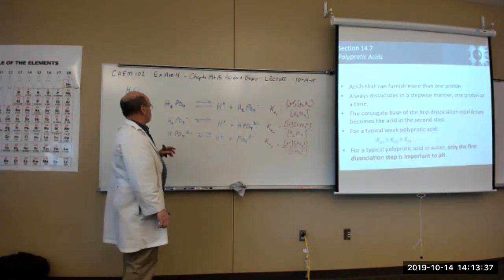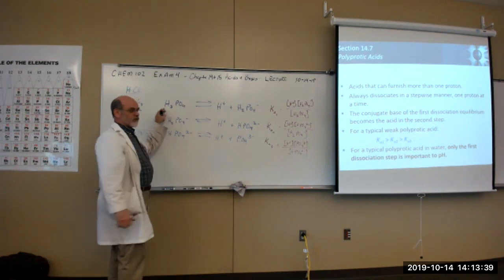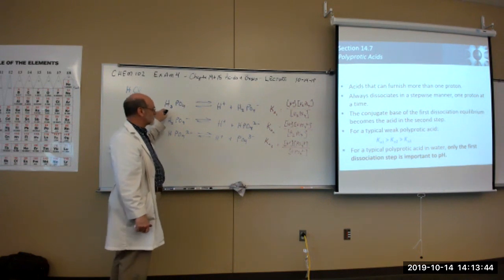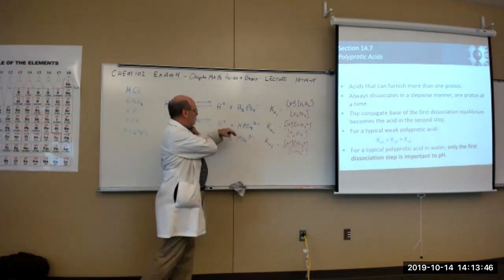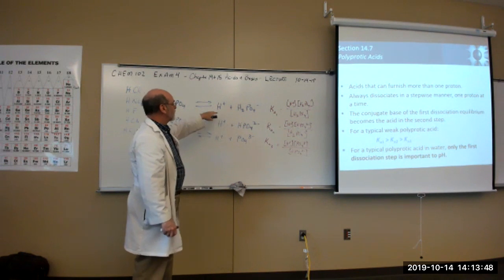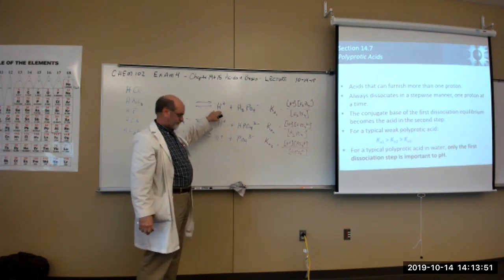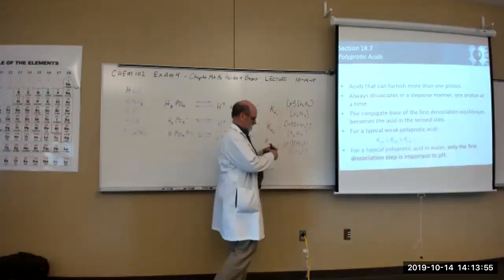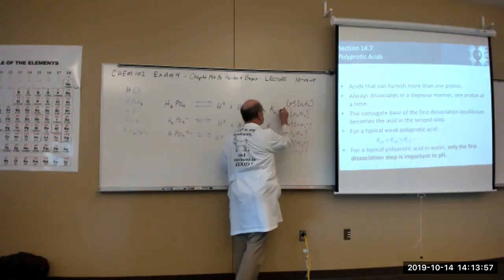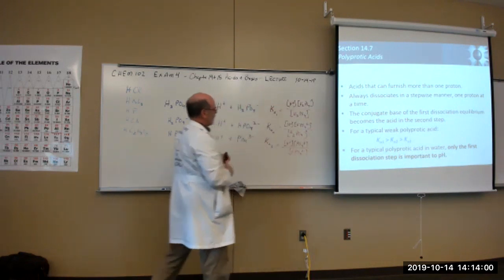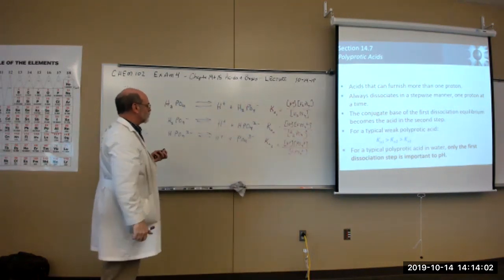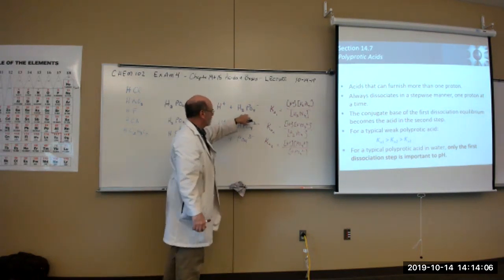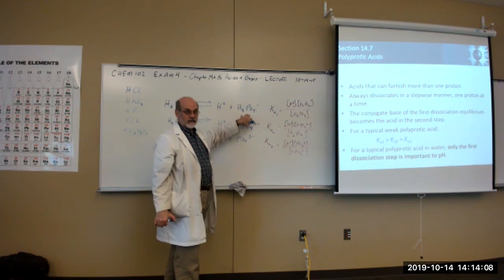Now H3PO4, phosphoric acid, is a weak acid. In other words, it doesn't dissociate a lot. But it does produce some protons in solution, so it has a K value. And once you've removed a proton from this species, you've got a negative ion here.